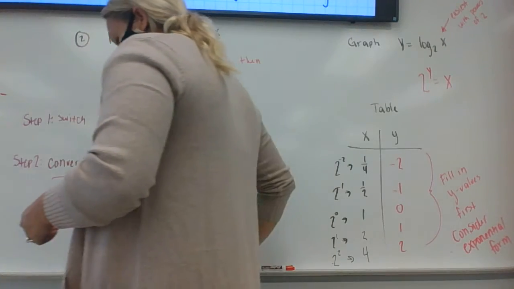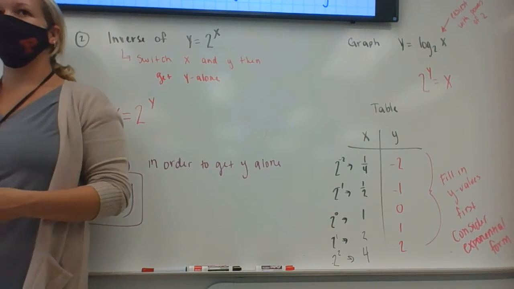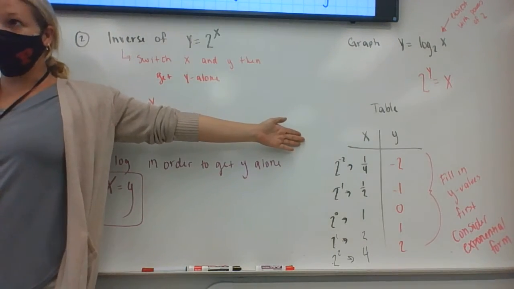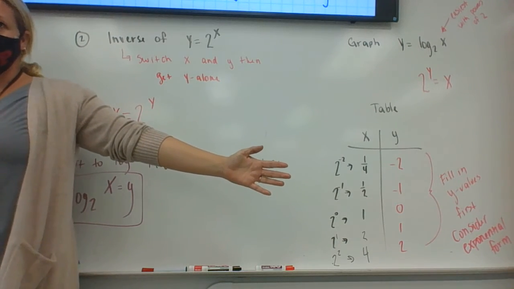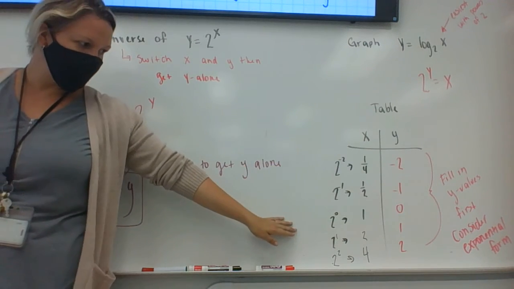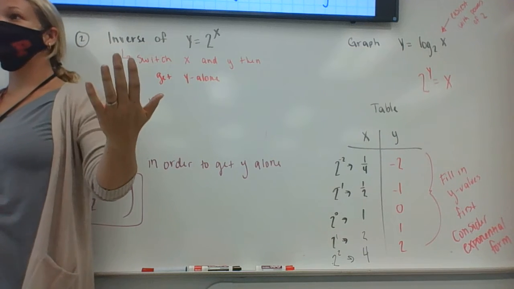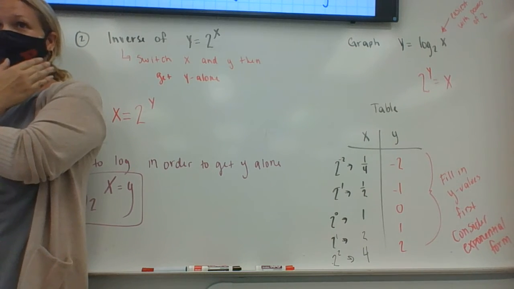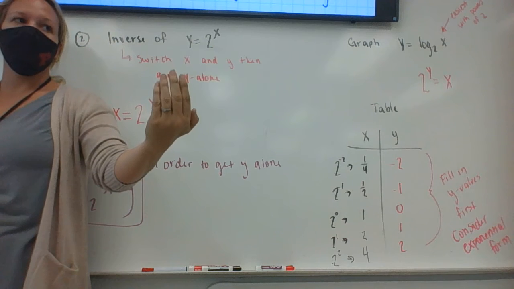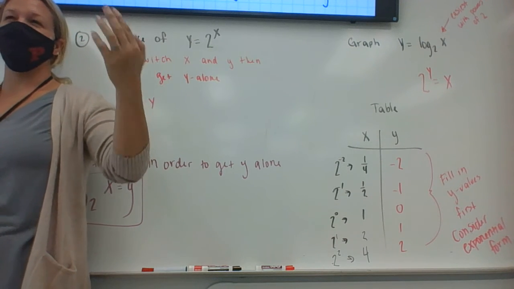So this is a really nice moment to stop and reflect on how inverses work. If you compare the table in number 1 to the trickier log table that I just made, the x's and the y's are just flipped. And so when we learned inverses, we actually did a triangle.